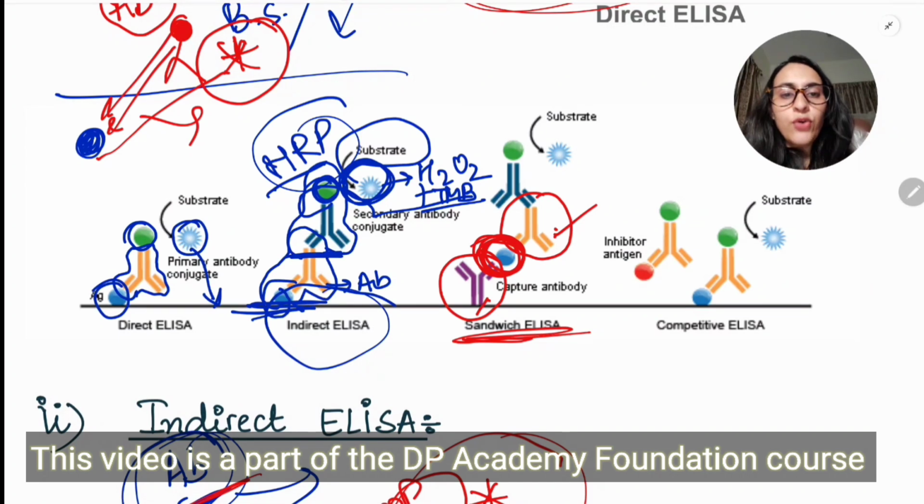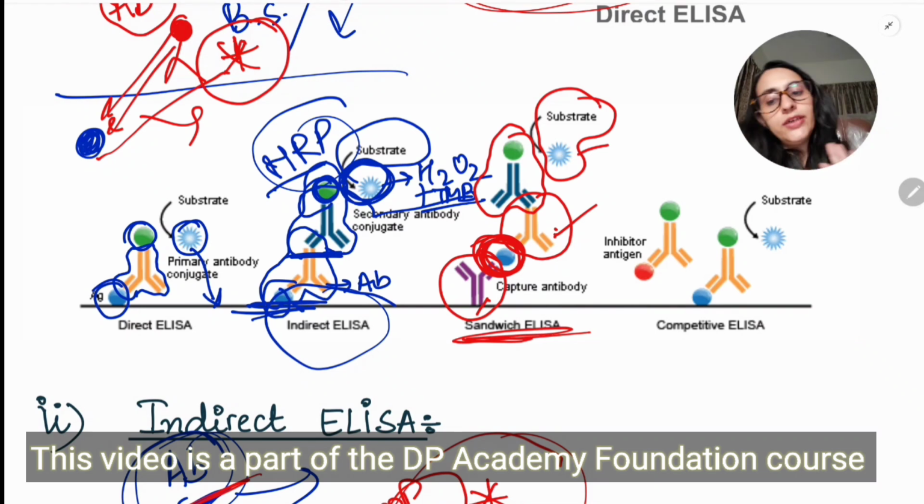On top of this, we add another antibody which contains our enzyme HRP, and then substrate and tetramethylbenzidine is added. If the color comes, that means it is positive. Antigen-antibody reaction is there, and more color means more antigen concentration, because it is done for antigen testing. Only in indirect ELISA we do the antibody testing. Rest all ELISAs are done for antigen detection.